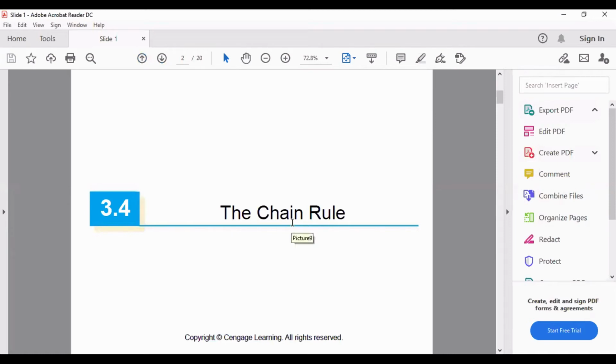In the section before, we studied the definition of the derivative and differentiation for a lot of functions, like polynomial functions, or more generally any function we can write as x to the r for any real number.